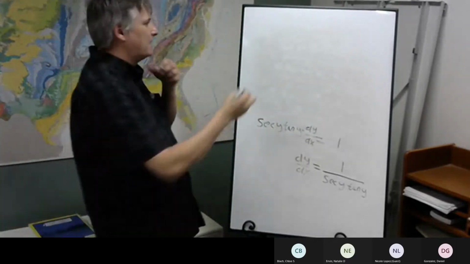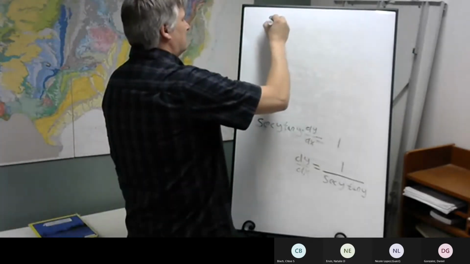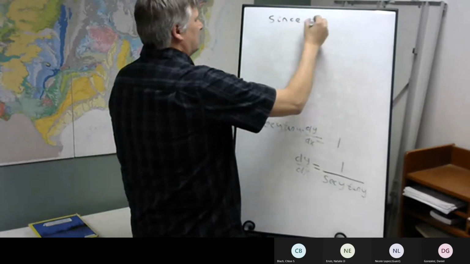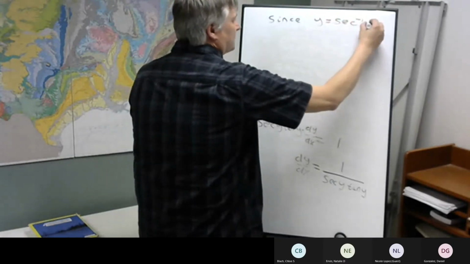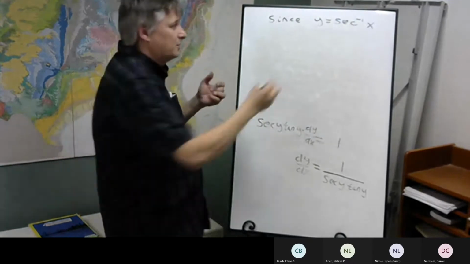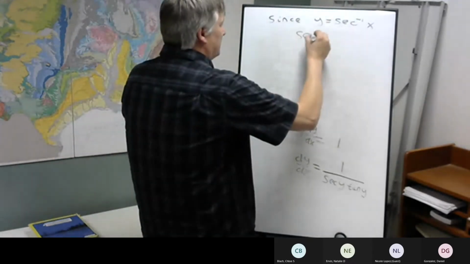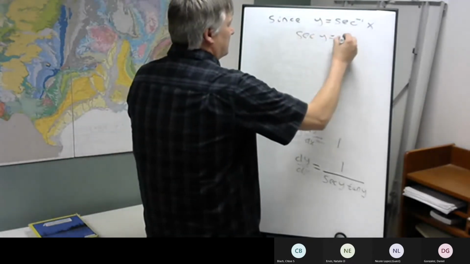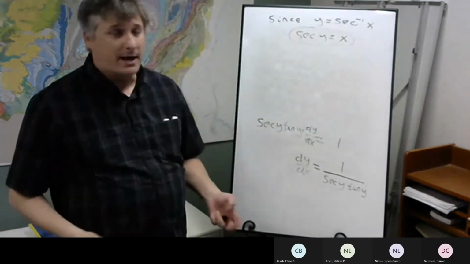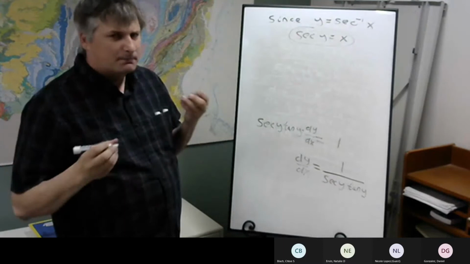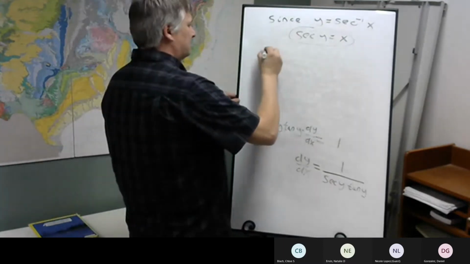So we just have to do something with this. Well, keep in mind, since y is the secant inverse of x, as we just saw recently, that means secant y is just equal to x. So that's not too bad. Now, it's a little trickier for tangent.